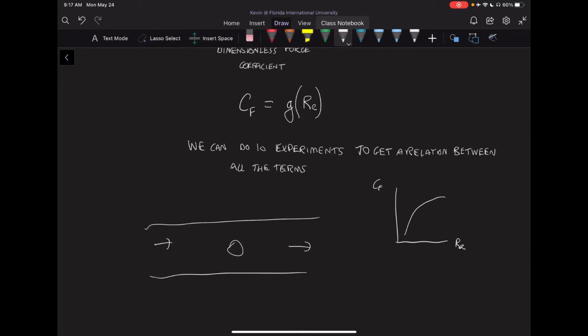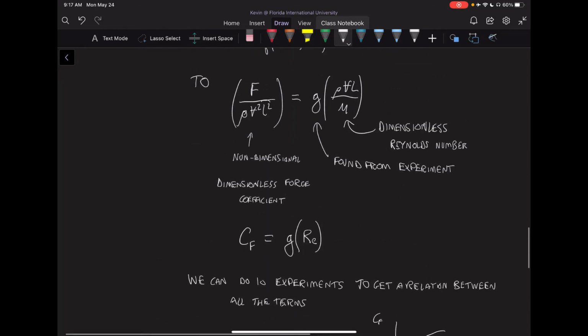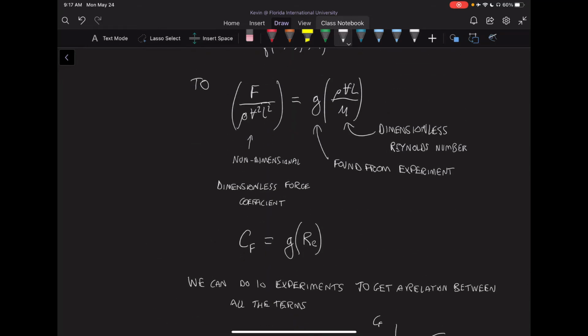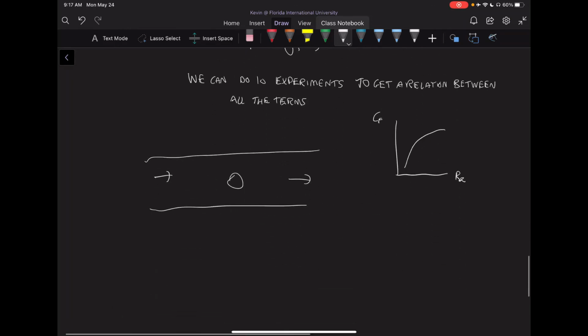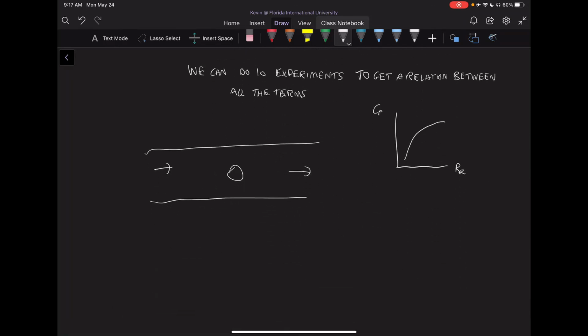Then from the Reynolds number, if you know your density, velocity, length, and viscosity, we can find our force from the coefficient of force, which was written earlier.